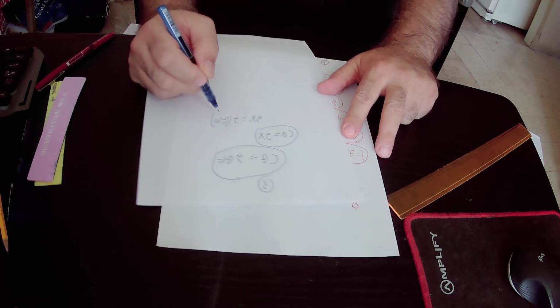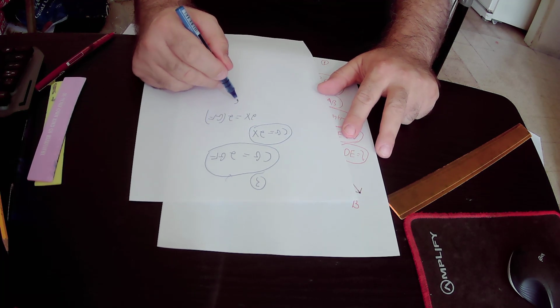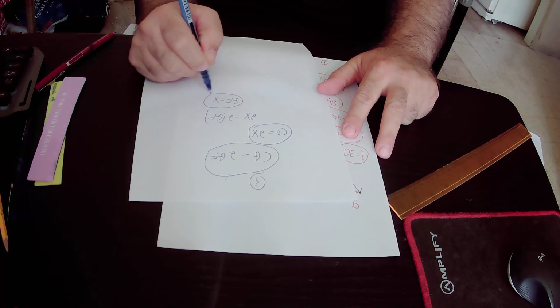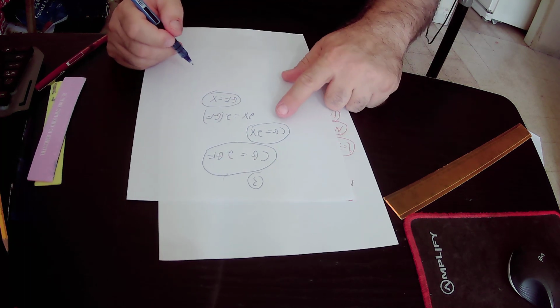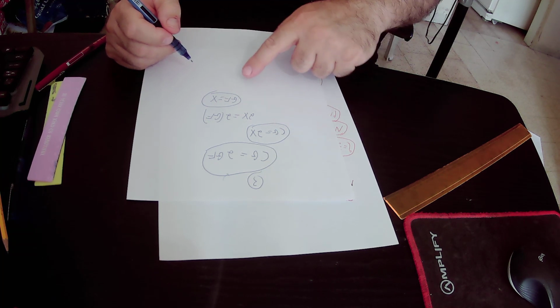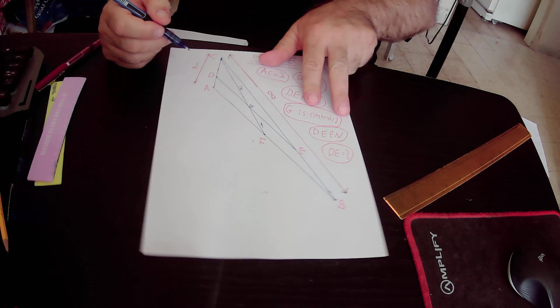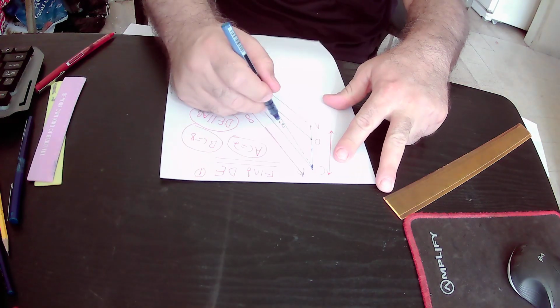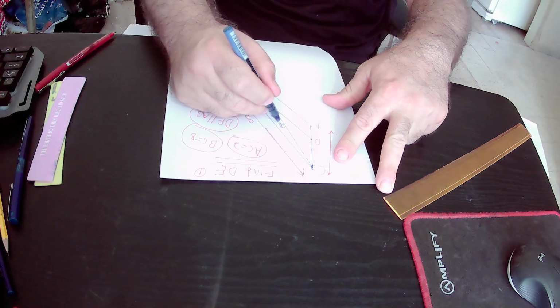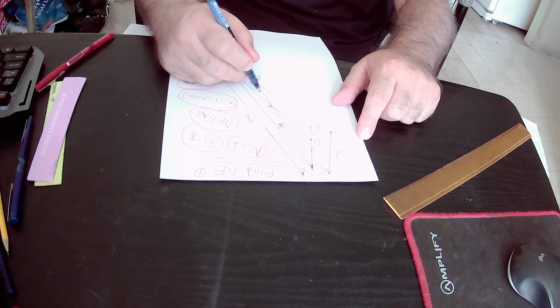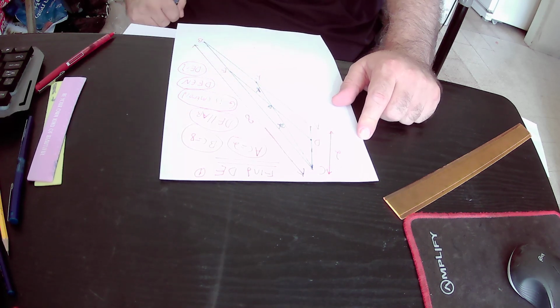We will divide this equality by 2 and we will get that GF equals x. So we found out that if CG equals 2x, then GF will be equal to x.